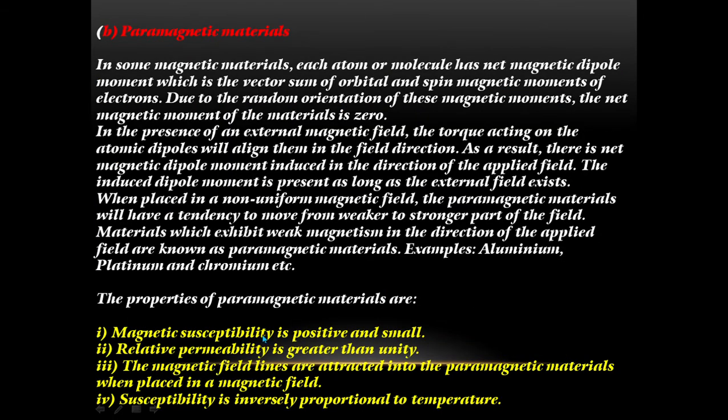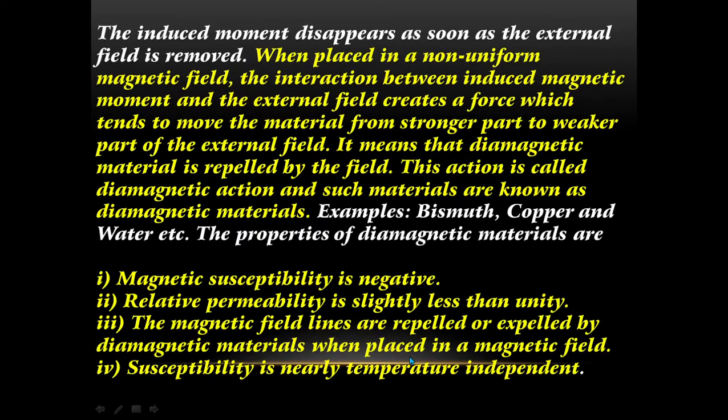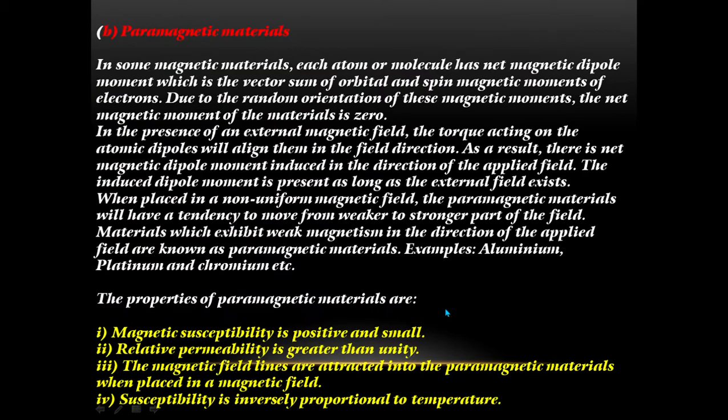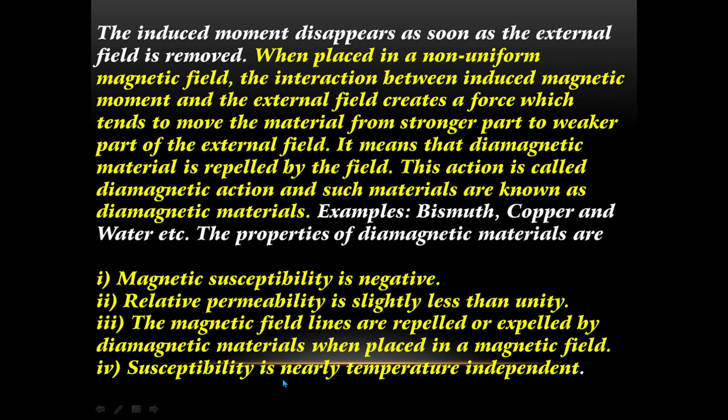Second, relative permeability is greater than unity, whereas for diamagnetic material it is slightly less than unity. The magnetic field lines are attracted into the paramagnetic materials when placed in a magnetic field. The last one, susceptibility is inversely proportional to the temperature, whereas for diamagnetic material susceptibility is nearly temperature independent.